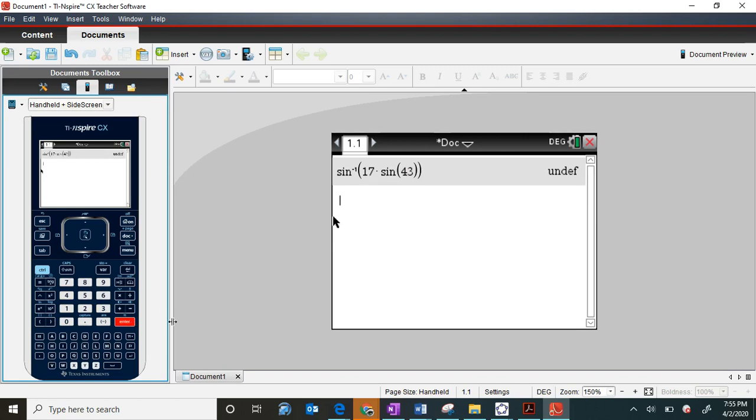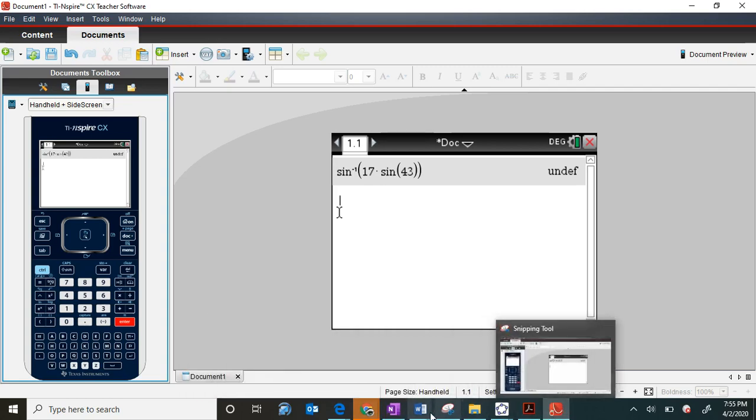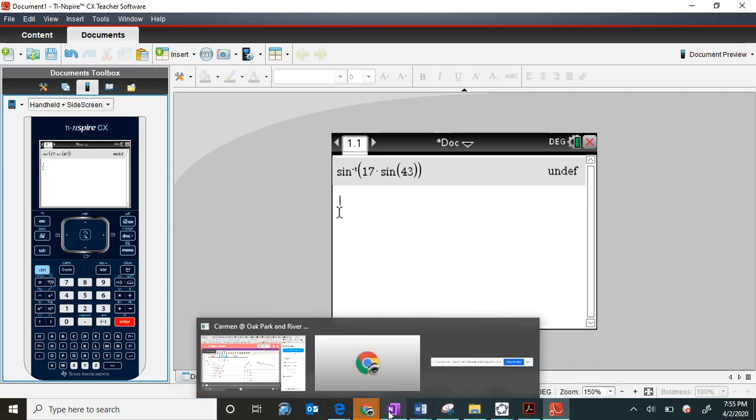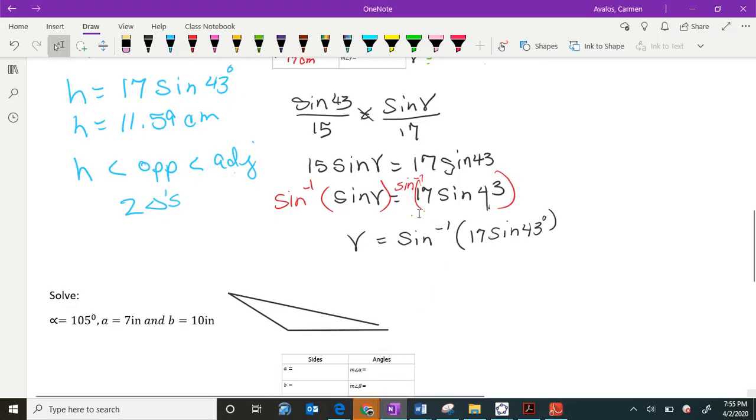And we get, is it on there? Oh, because this is bigger, right? If we go back on there, I forgot to divide this by 15.